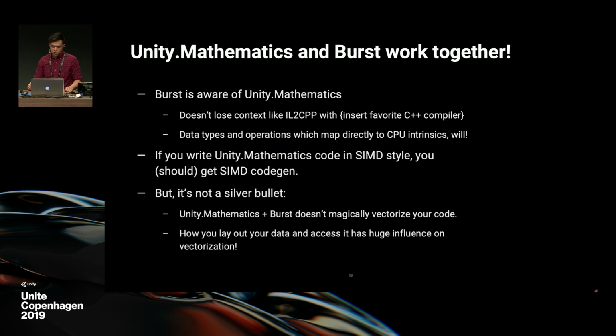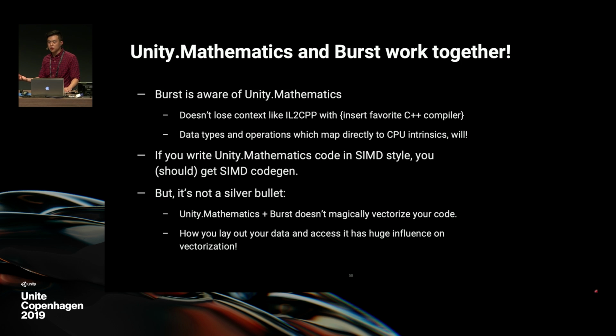Data types and operations, which map directly to CPU intrinsics, will if you use Unity.Mathematics and Burst. If you write your math code in a SIMD style, you should get SIMD code gen. If you don't, we are very interested in hearing about it because we would love to make sure that that always is the case. But one big thing to note is that it's not like a magic thing.